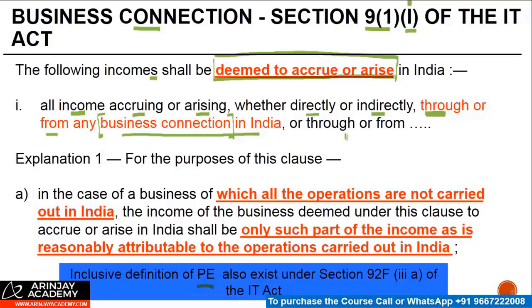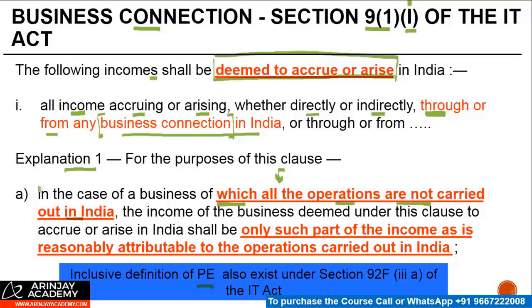But then the question comes up: would the entire profits be taxable in India in this very example? For that, Explanation 1 prevails, and it reads as under: for the purposes of this clause, in case of a business of which all the operations are not carried out in India. If all operations were carried out in India, then obviously the entire profit is taxable in India.